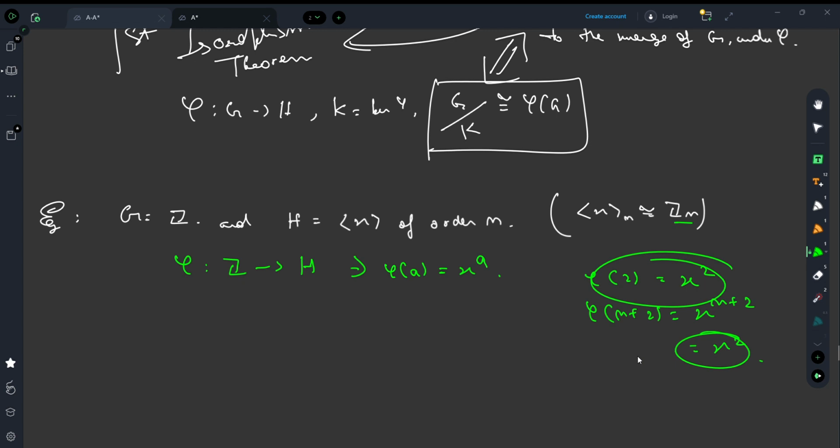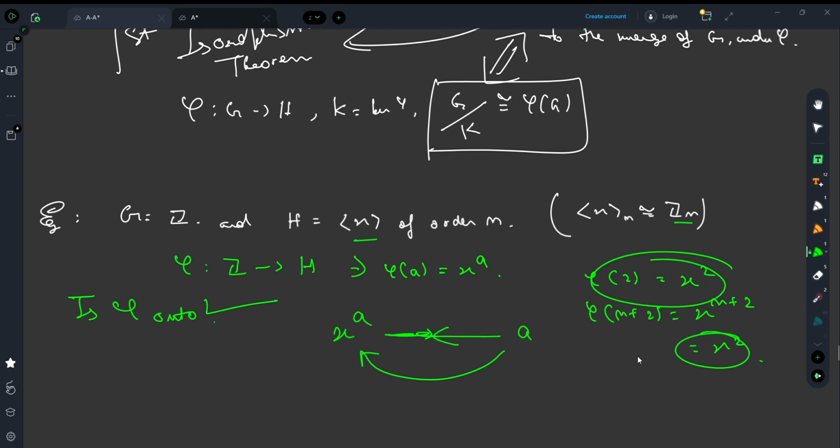Is it onto? Is phi onto? If you start with any element in H, it is of the form x to the power a. But you can surely find an element a in Z such that a is mapped to this. It's indeed onto.